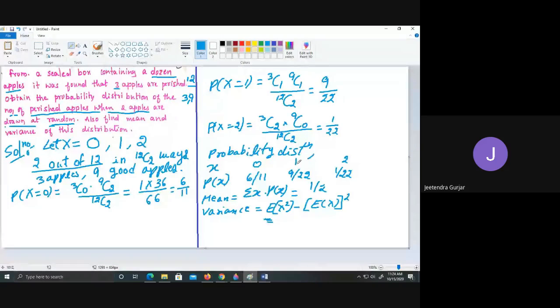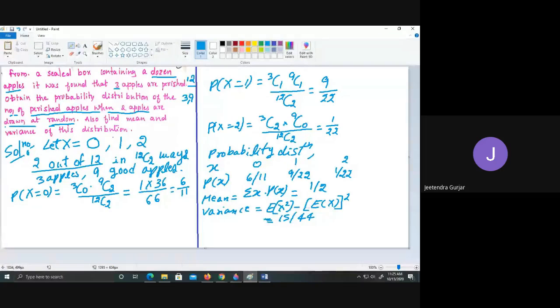Leave this. 1 square into 9 divided by 22 plus 2 square into 1 divided by 22. Then minus E of x, already calculated as 1 divided by 2, whole square. So can anybody tell me what is the answer for variance? Yes, I think everyone has got the answer as 15 divided by 44.